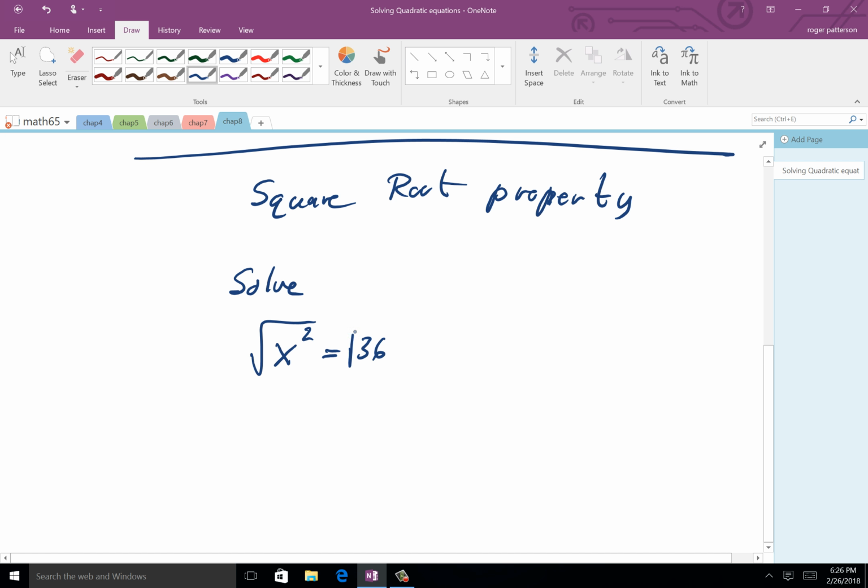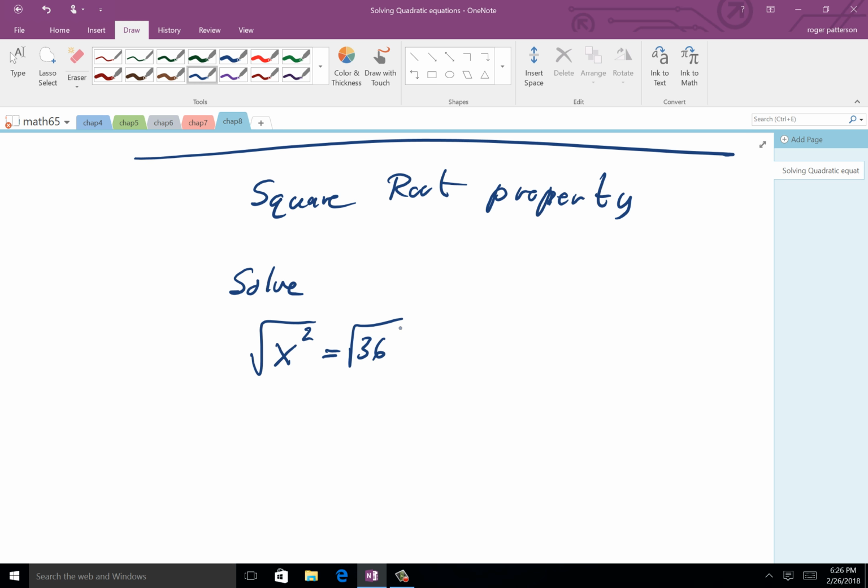Yeah, square root, right? When we first talked about them, I remember I said there's a difference between a principal square root and a square root. So a principal square root is just 6 in this case, because the square root of 36 is 6.